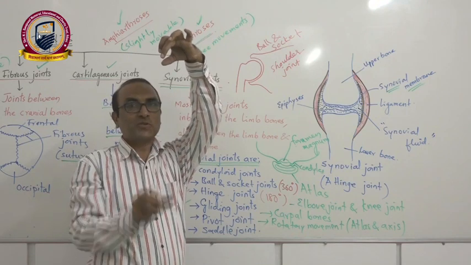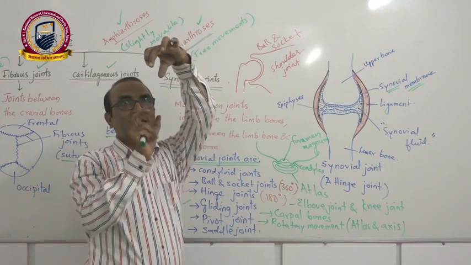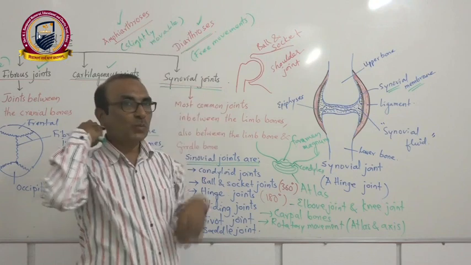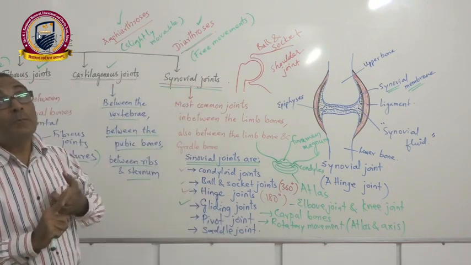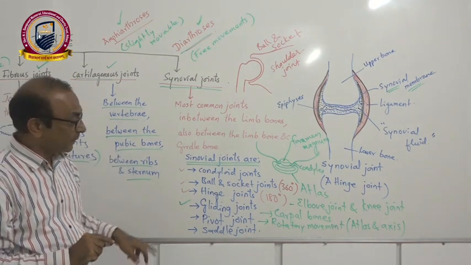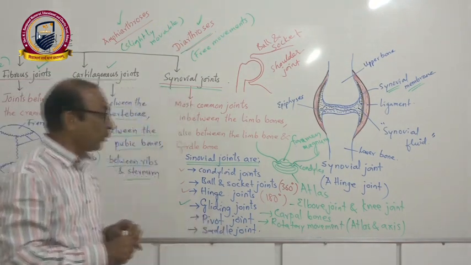Backbone is in its position. Only the atlas will be rotating. The first ring-like vertebra will be rotating, and this rotatory movement between the first and second vertebra is allowed by the pivot joint.